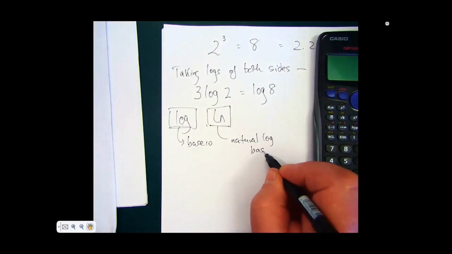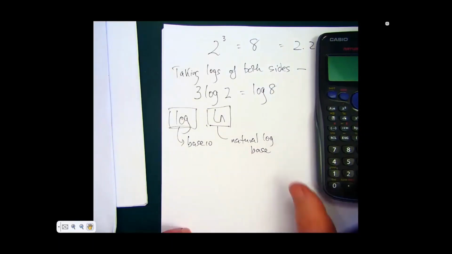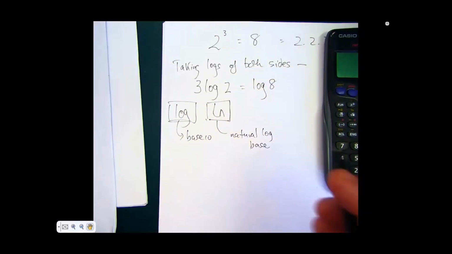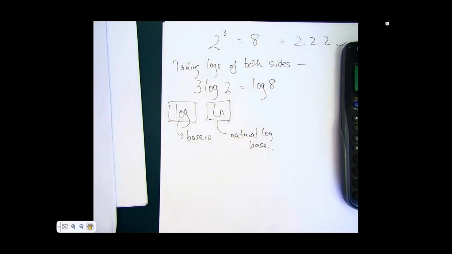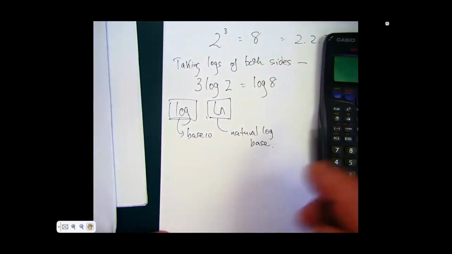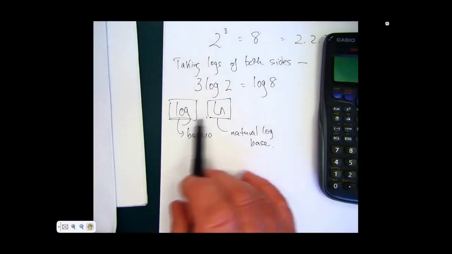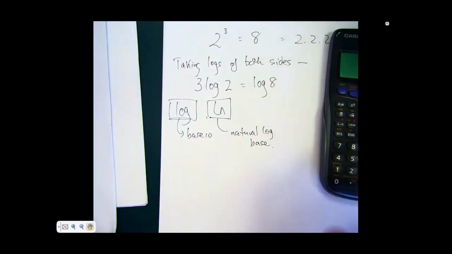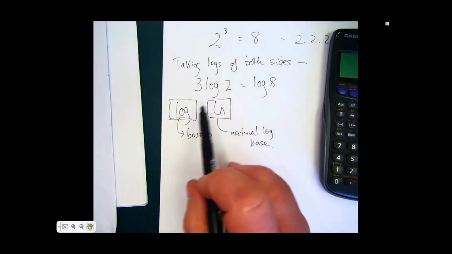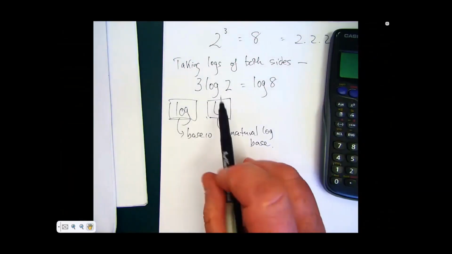And e is just a constant, Euler's number. I think it is 2.718, but you don't need to remember that unless it comes up in a lecture. So on the calculator you've got 2 buttons. It doesn't matter which one you use because they'll both give you the correct answer, but you do need to use the same log or ln on both sides.